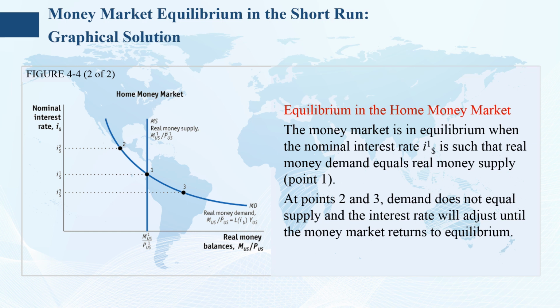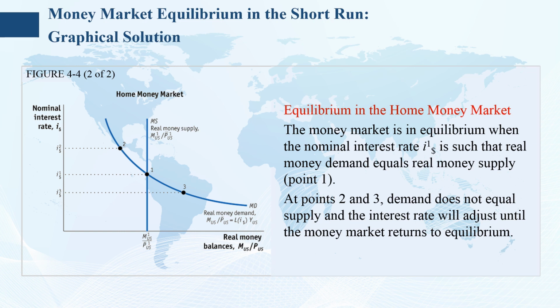If interest rates are flexible in the short run, there is nothing to prevent them from adjusting to clear the money market. But how do market forces ensure that a nominal interest rate I1 dollars is attained?